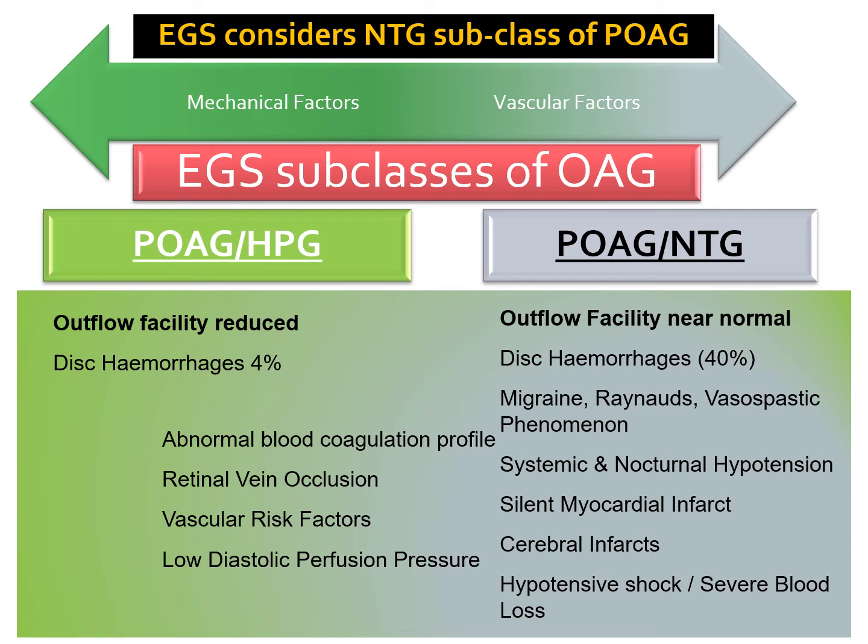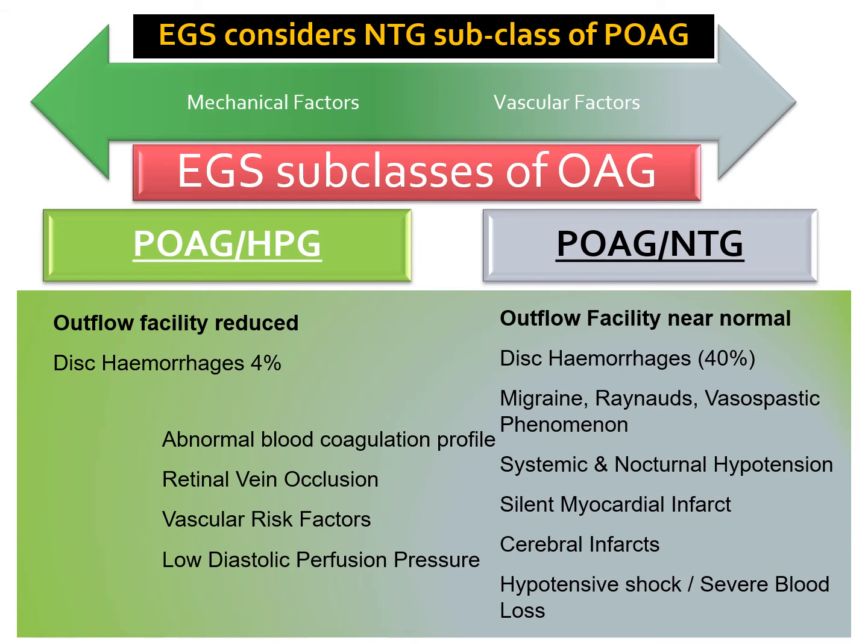Now, okay, a lot of glaucomas have abnormal blood coagulation profiles. Retinal vein occlusion is far more prevalent in glaucoma patients, and so are vascular risk factors and low perfusion pressure, which we'll get onto later.